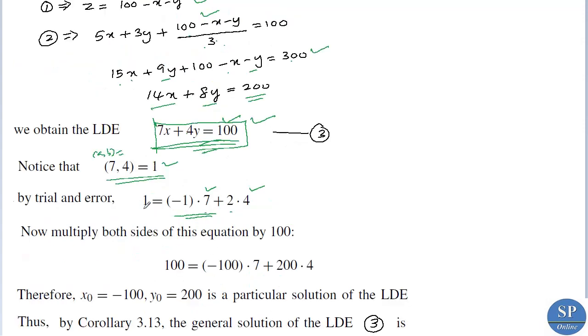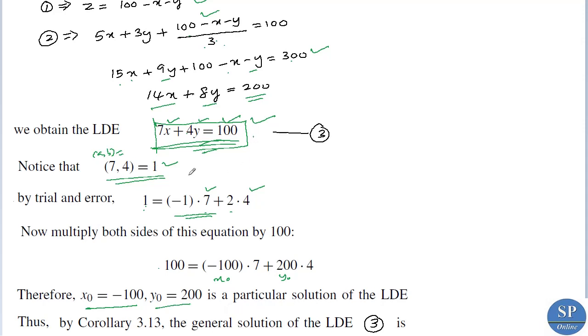So 100 is equal to minus 100 into 7 plus 200 into 4. Therefore we obtained values of x and y satisfying this condition. So x naught equal to minus 100 and y naught equal to 200 is a particular solution of this LDE.